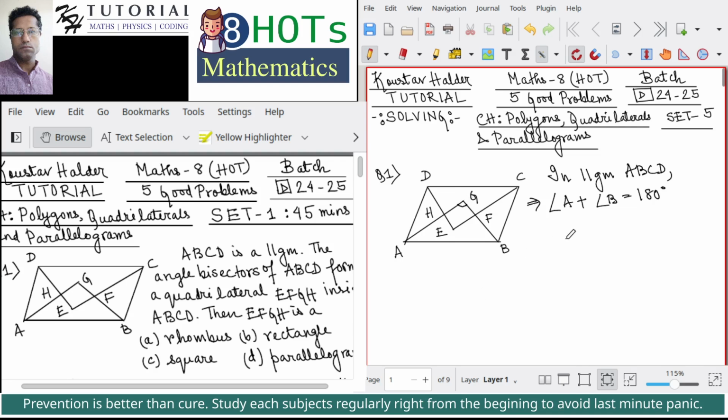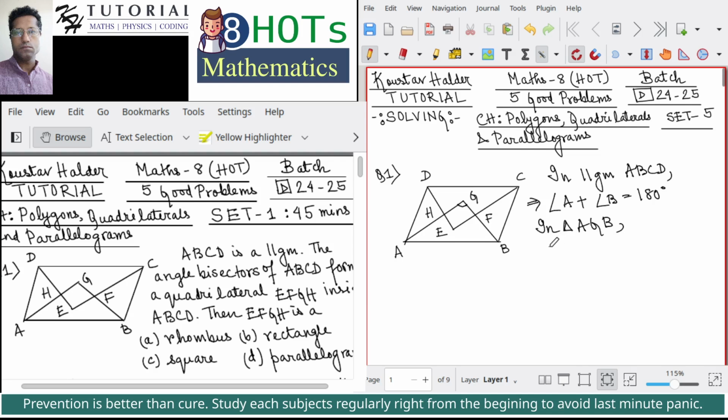from the triangle AGB. Now, in triangle AGB, from the angle sum property, we know that in a triangle the sum of the 3 angles is equal to 180 degrees.